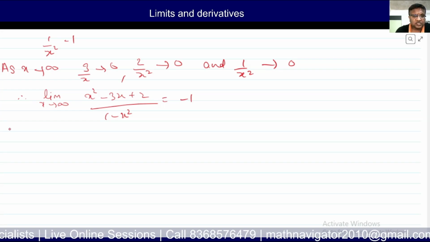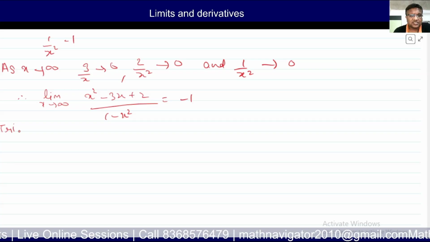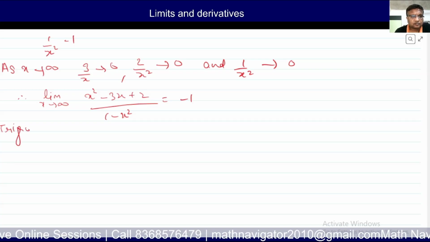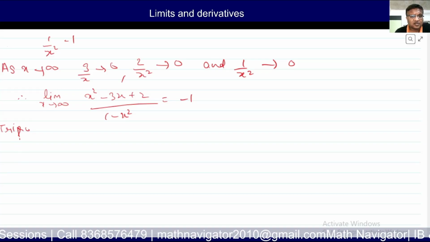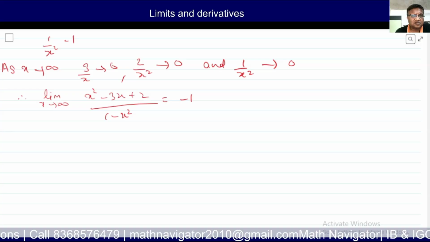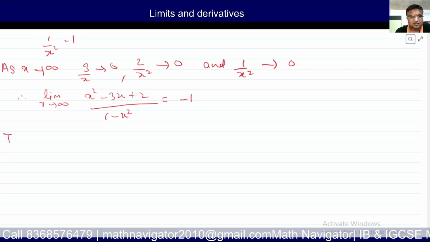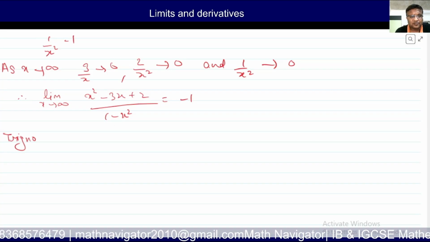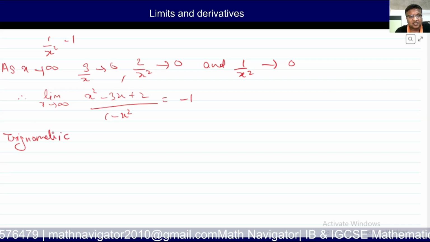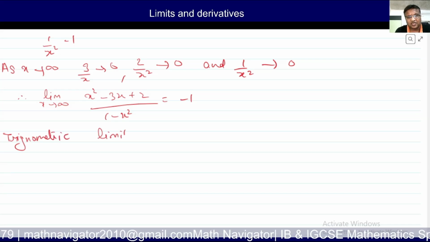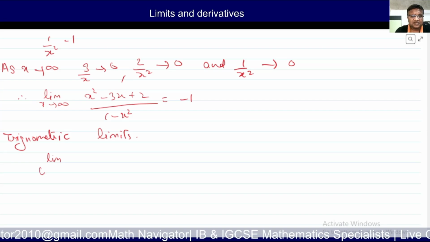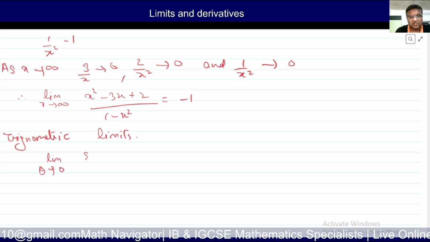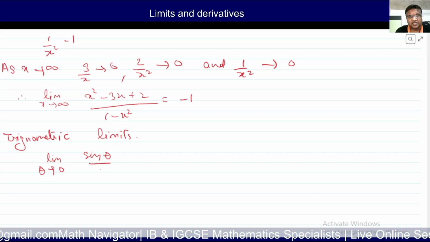Now we'll talk about trigonometric limits. When we are talking about trigonometric limits, limit theta tends to 0, sine theta over theta is equal to 1.